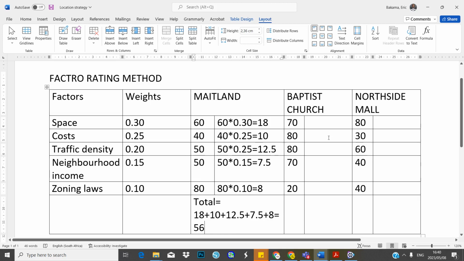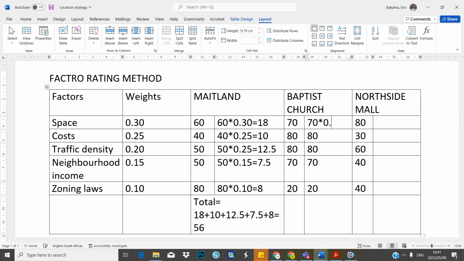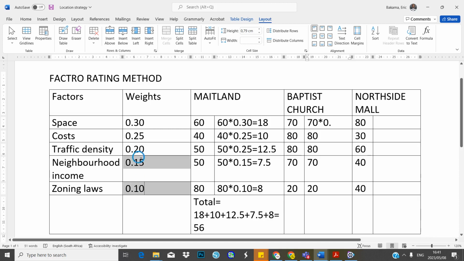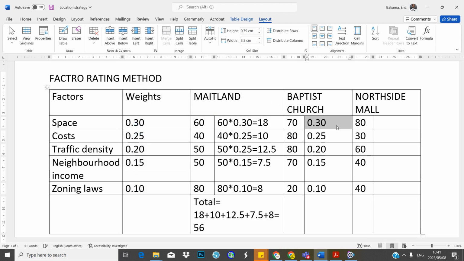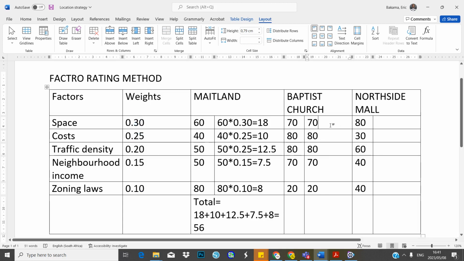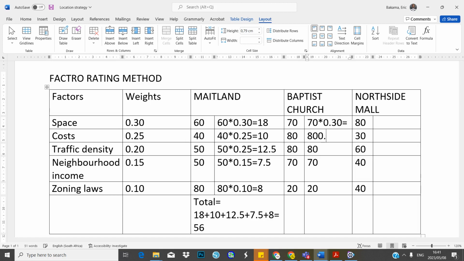Now we have to do exactly the same thing, and based on that we can determine which one the company will be more likely to go for. Let me just copy these values here. Then I'm going to multiply the 70 times the weight again, because it's still the same weight, which is 0.30. Then 80 times 0.25.